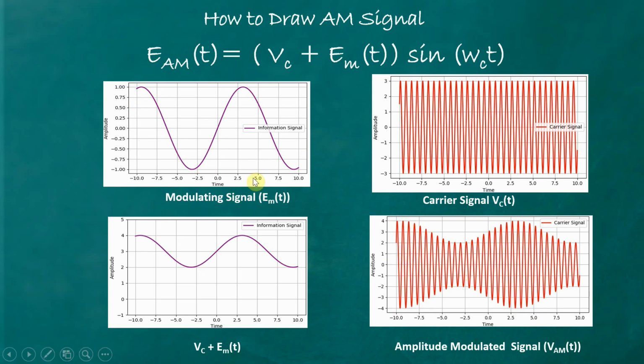Instead of a sine wave modulating signal, if it is a square wave, then you have to consider the square wave, and accordingly you will have the amplitude modulated signal. So I hope you will be able to draw an amplitude modulated signal for any kind of modulating signal. You just have to focus on the peak amplitude of Vc and em(t), the modulating signal. Then you can easily draw the amplitude modulated signal.